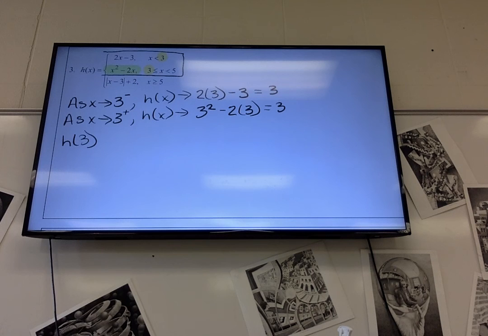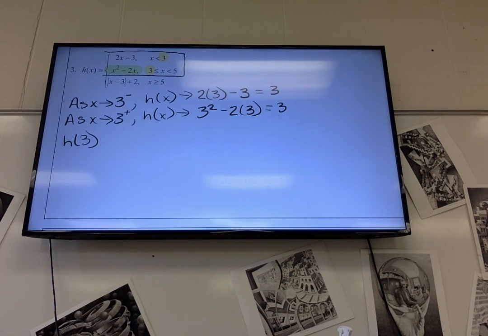So I plug in 3 squared minus 2 times 3, which I already did. That is 3. So h of x is actually continuous at 3. I picked that one because we haven't done one that's actually continuous.